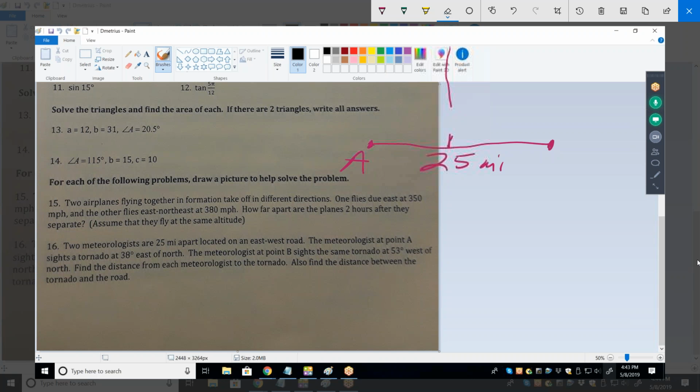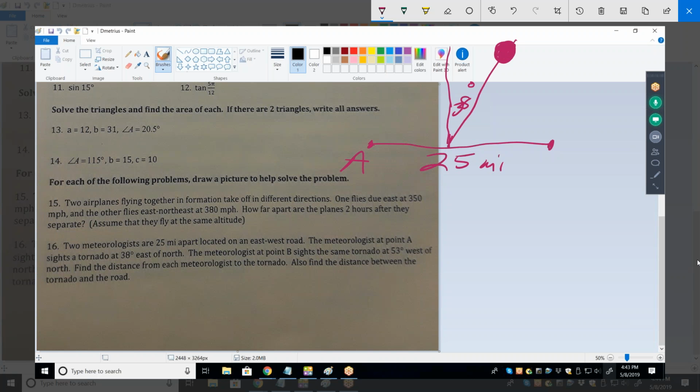Actually, that's correct, I think. 38 degrees east of north means you start by north and you go 38 degrees east. So that's the 38 degree angle right there. Some big tornado right there.